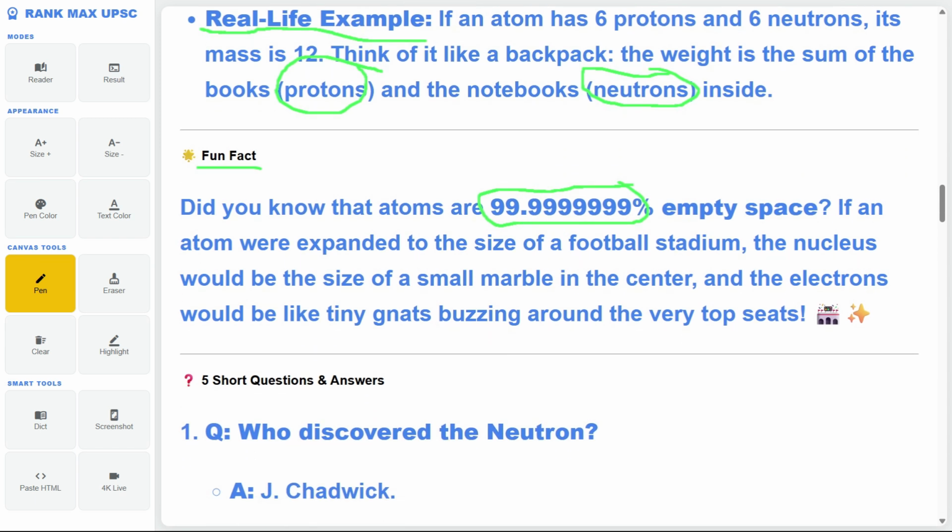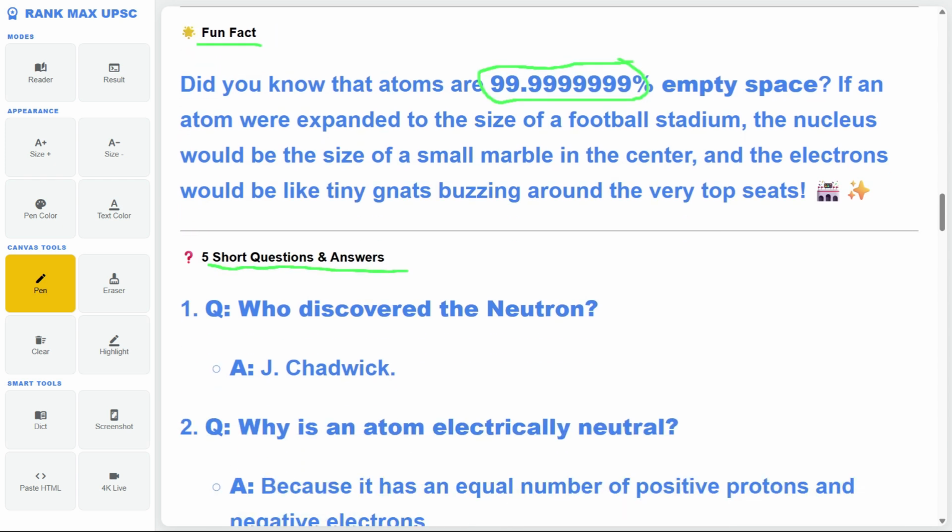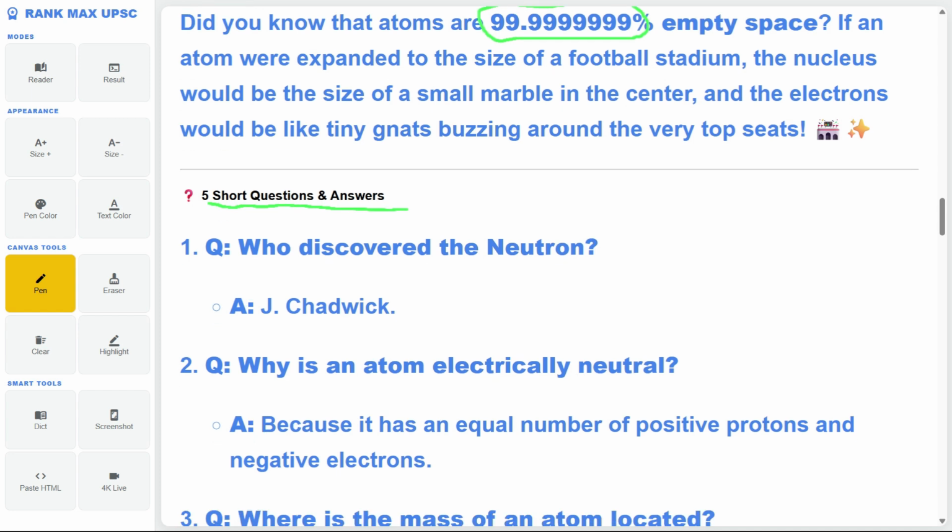5 short question and answers. Who discovered the neutron? Answer: J. Chadwick. Why is an atom electrically neutral?